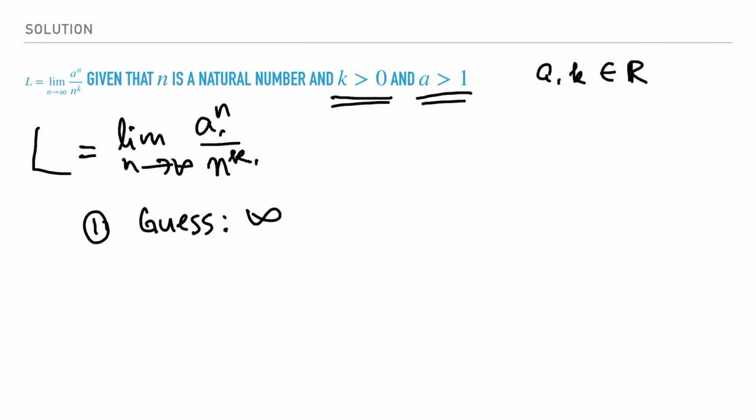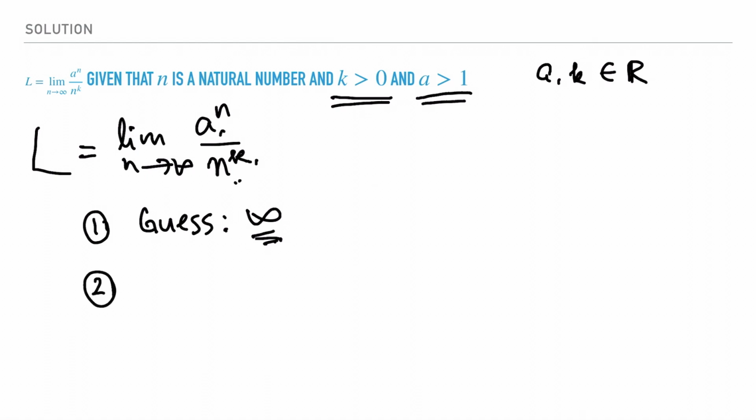So as n approaches infinity, there become many more factors in the numerator than in the denominator, and the value of the numerator becomes much bigger than that of the denominator. If the numerator is much bigger than the denominator, then we are approaching infinity. That's why my guess is that this limit approaches infinity.